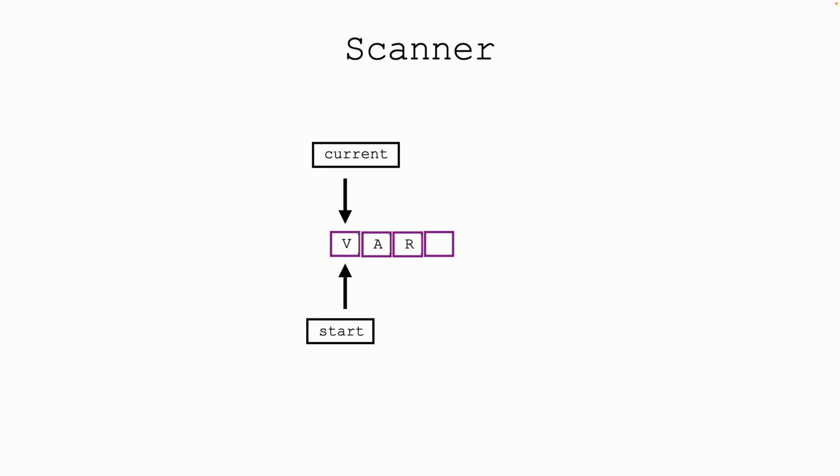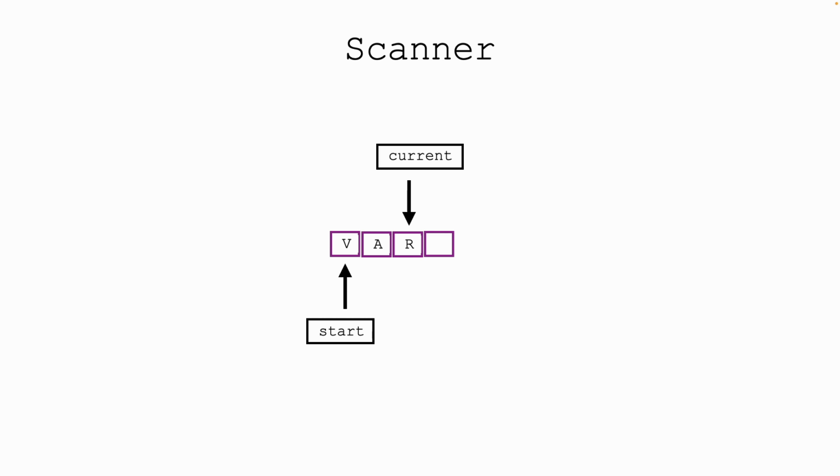So if I look at an example, let's say I have var and a space, the scanner will start off by using start and current to point to the first character. And then it will subsequently move the current pointer, or the current variable, along the possible token.